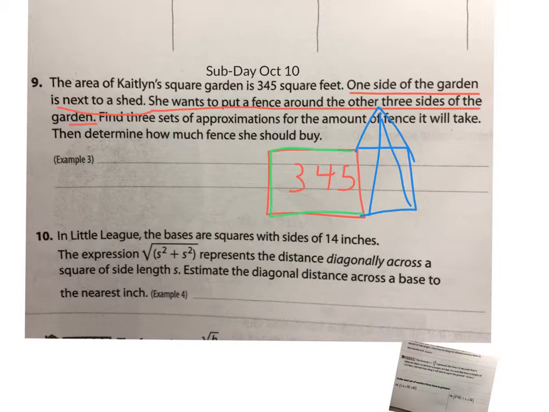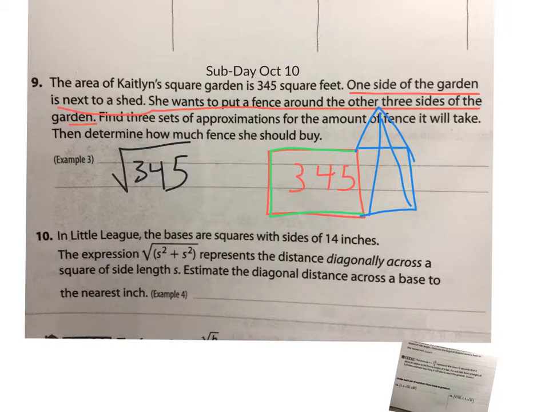So 1, 2, 3. I need to first know what one of the sides is so I can figure out how much 3 of the sides would be. And I'm approximating, so for one of the sides, we're just talking what's the square root of 345. I know I'm looking for a square root because it's asking just one of the sides when it gave me the whole area.